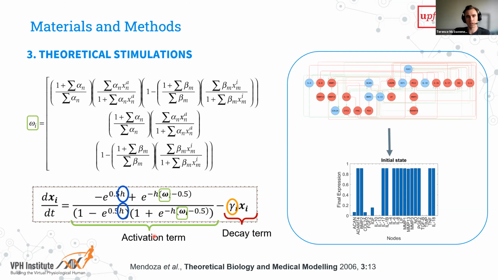So that's the activation term and decay term. Applied to some network, whether it's the initial network, enriched network, or an optimized network, it results in a steady state after a series of iterations, which might involve activation or inhibition of various nodes to varying degrees.